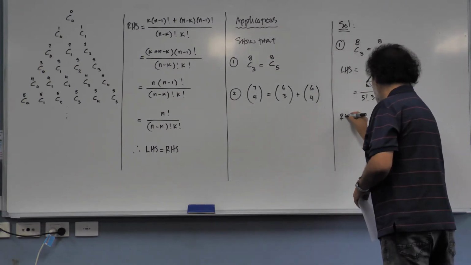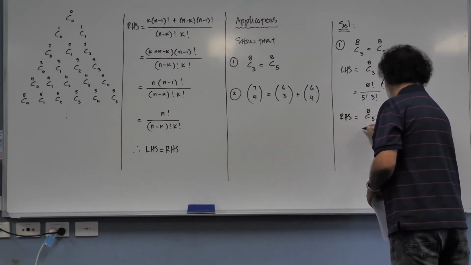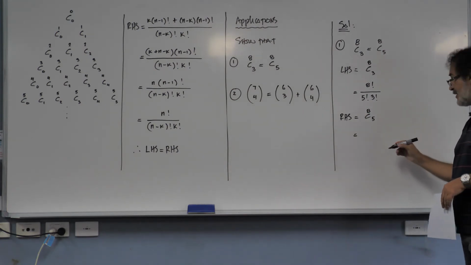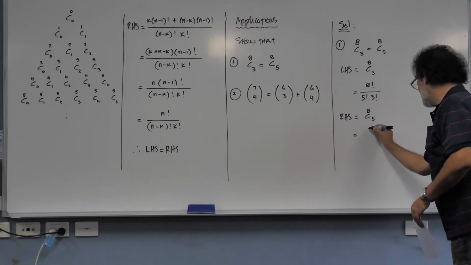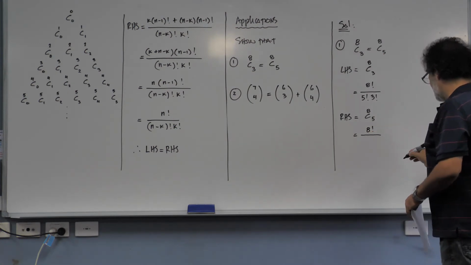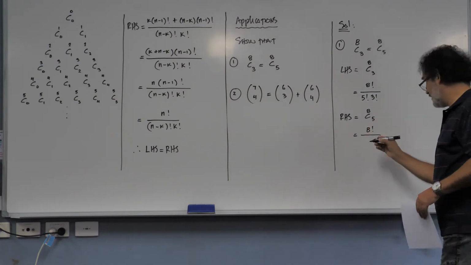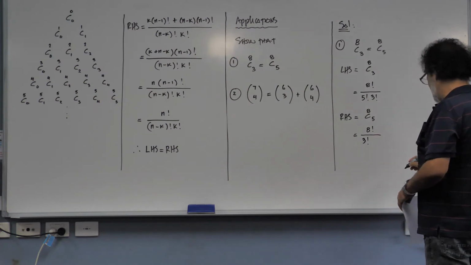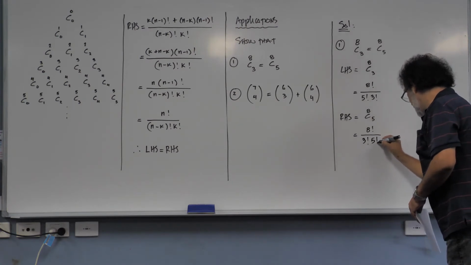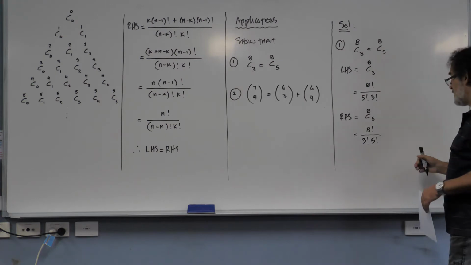The right-hand side is equal to 8C5, and that is equal to, okay Archie, tell me what to do with this one. It would be 8 factorial over brackets 8 minus 5 factorial, which is 3 factorial, times 5 factorial. You can see that these two will give you the same numerical answer.